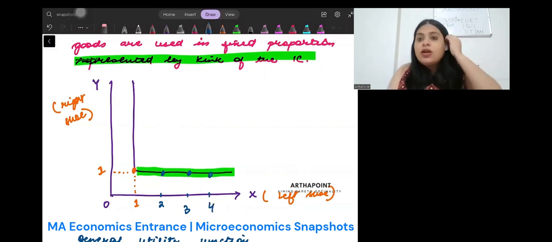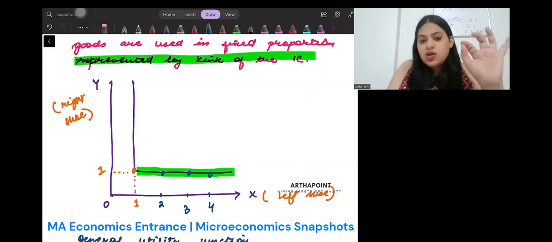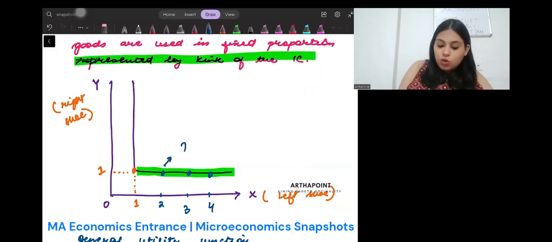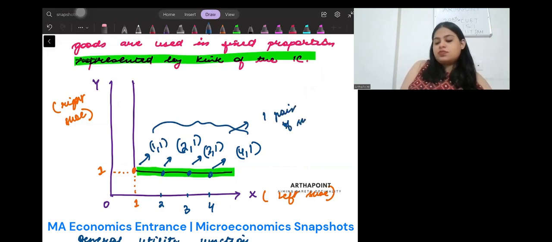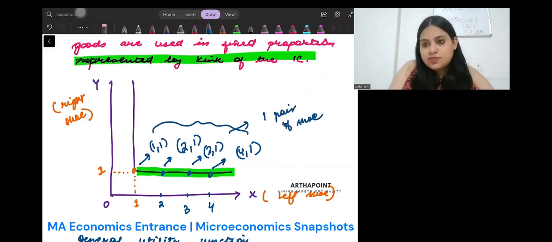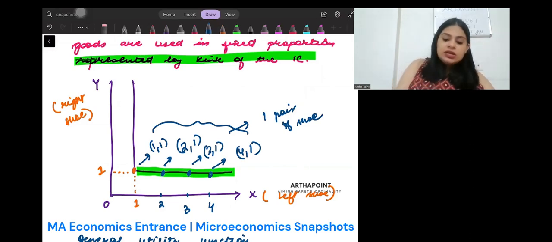So if you keep on increasing the amount of good X without increasing the amount of good Y for me, then my utility remains unchanged. Because ultimately, 2 left and 1 right, 3 left and 1 right, 4 left and 1 right, or 1 left and 1 right, all will just give me 1 pair of shoes. So nothing changes, right?